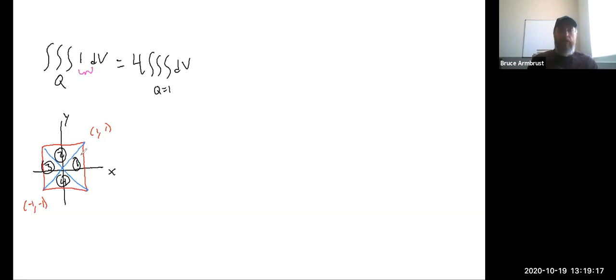All right, so we need to, again, decide what order we want to do the integration. I'm again going to suggest dz, dy, dx, because, for example, for the dz, I already know that his feet are on the xy plane and his head is going to be on whatever this plane is. We'll figure that out.